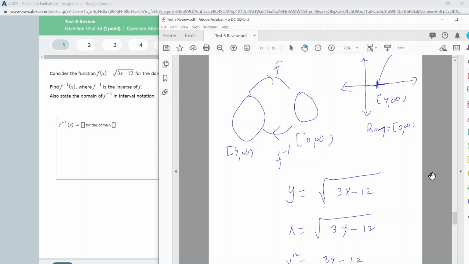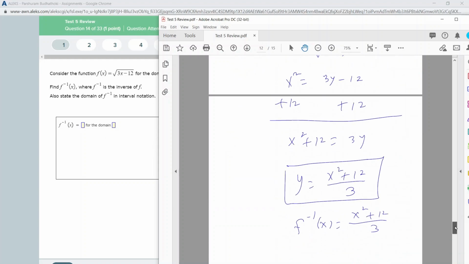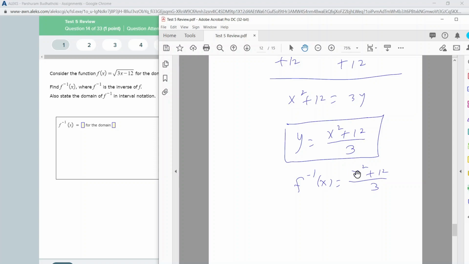So let's just write it down here, and you can always check whether this inverse is right or wrong by finding the composition of these two functions. F composite of f inverse of x from both directions should be the same. If you are confused about whether this is the right answer or not, you can always find the composition and make sure that it should be x.